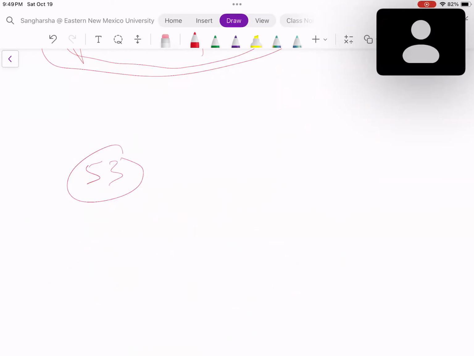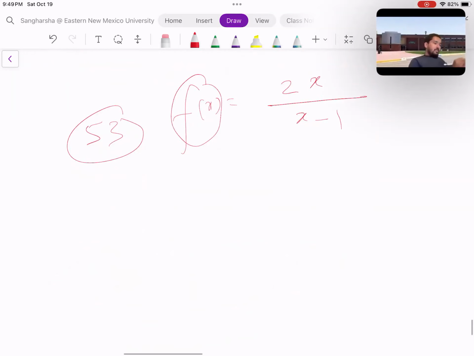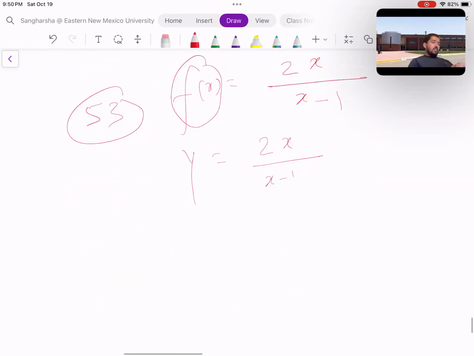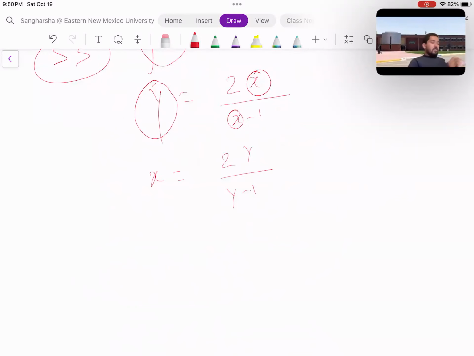Yes. Okay, 53, we have f of x equals 2x over x minus 1. You replace f of x by y equals 2x over x minus 1. You interchange x and y: for y, you write x, and for each x, you write y. Now you are solving this for y.